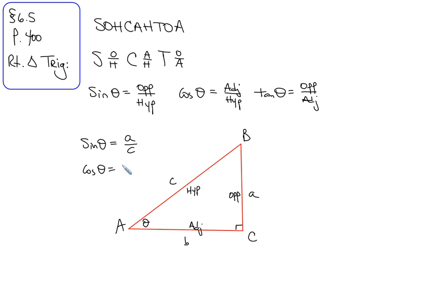Cosine of theta would be equal to adjacent over hypotenuse. Tangent theta would be equal to opposite over adjacent. Simple enough? Now obviously you could do cosecant, secant, and cotangent from these by just taking the reciprocals as well, right? So we're going to use these to solve for missing parts of triangles.